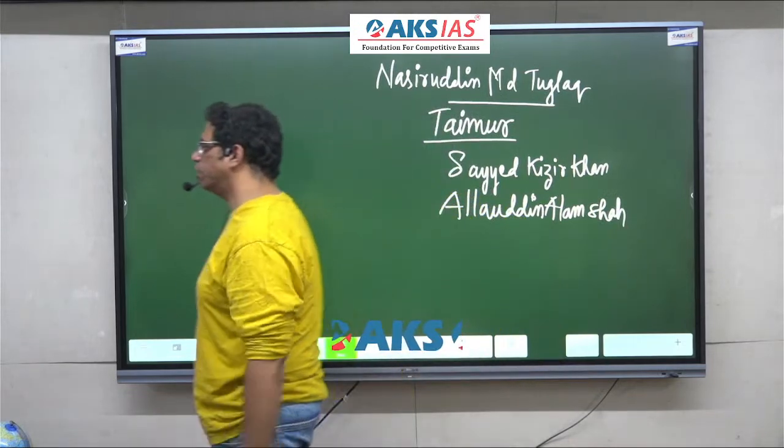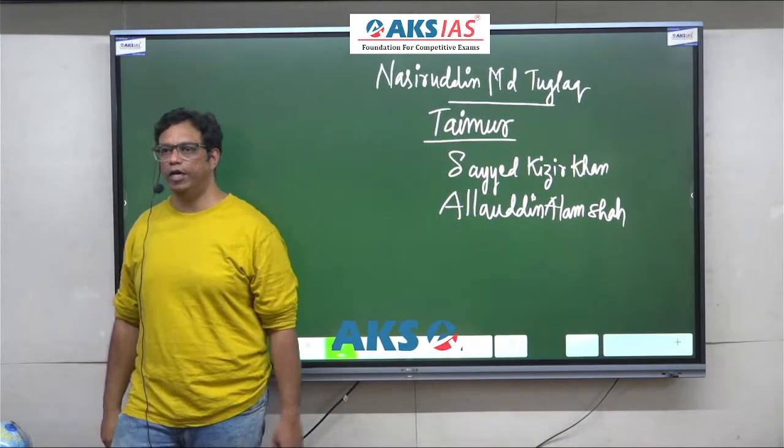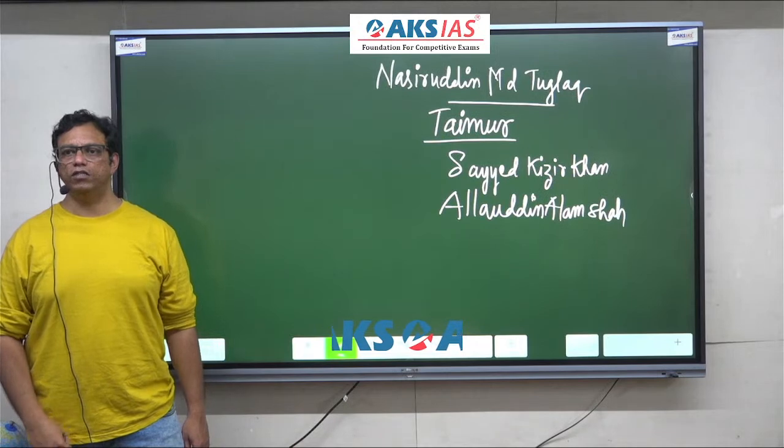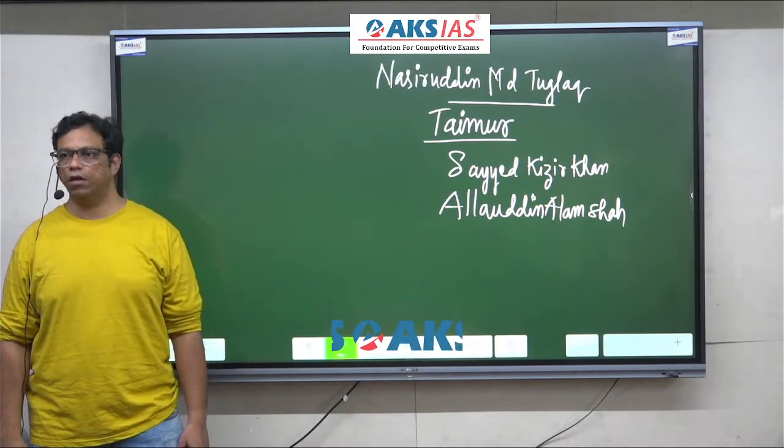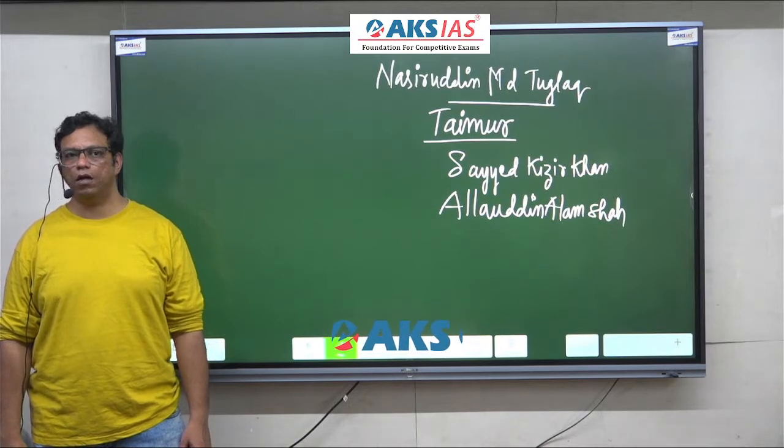The last ruler of this family was Alauddin Alam Shah. So what happened to him?